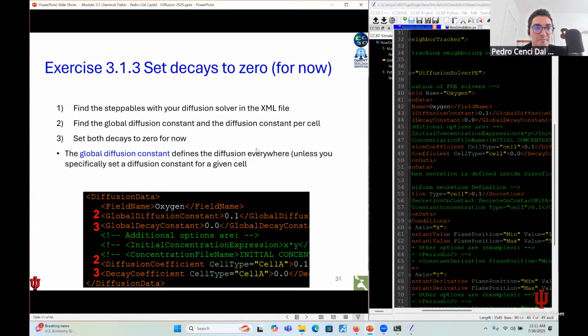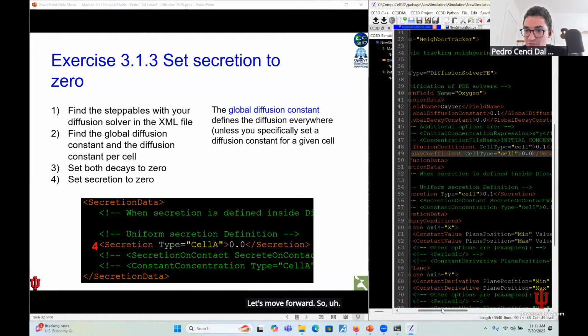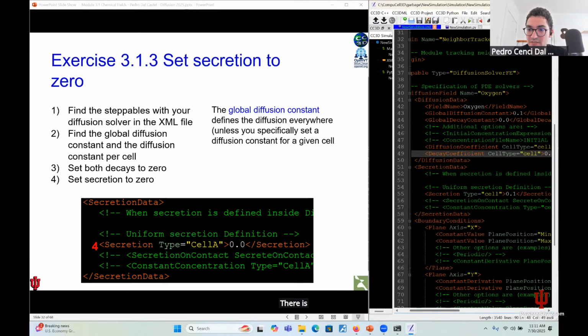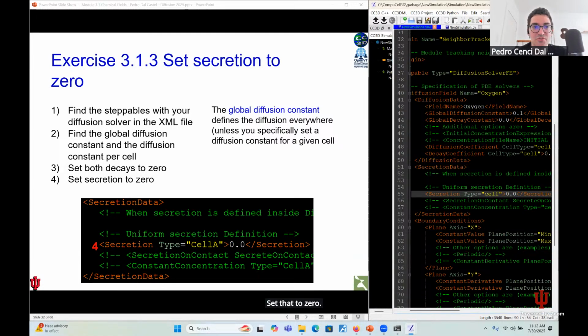Let's move forward. So inside the diffusion solver, there is a secretion part. And at least in my version here, it's coming with secretion 0.1 for the cell. Set that to 0. Set secretion to 0. Simple.